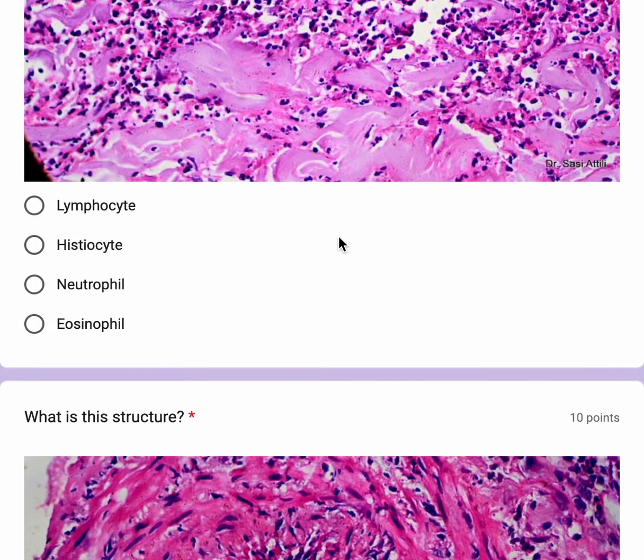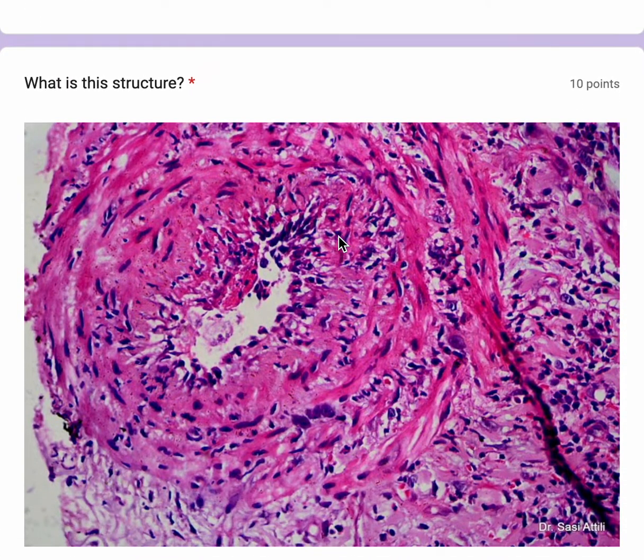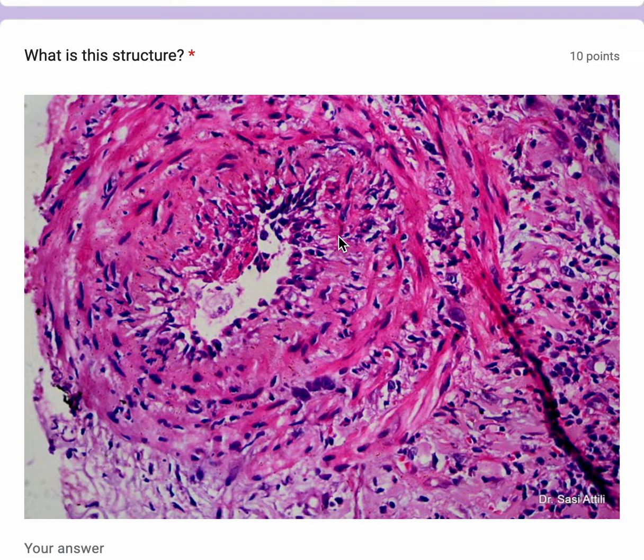All right. Now, this is the higher power image of the blood vessel located deep down in the dermis. If you're seeing a small vessel located just underneath the ulcer, then you wouldn't call this vasculitis. But here, this is a largish vessel. This is a medium-sized vessel located quite deep in the dermis, near the subcutaneous junction. This is inflamed.